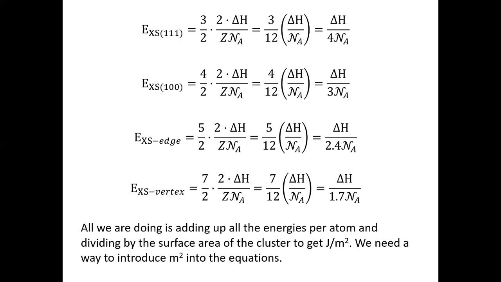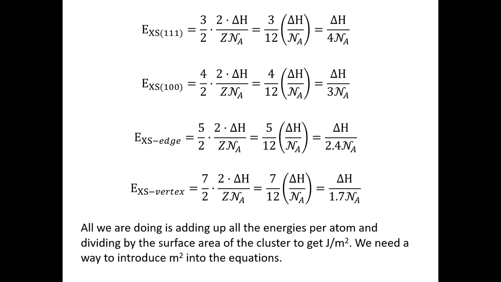Okay, we plug those back in. Now we do our excess surface energy. I should be more clear about what we call the energy, because I called it something else earlier. But the total excess surface energy of the whole thing is delta H divided by 4 times Avogadro's number. You can see we did the equation for the 1-0-0 plane.